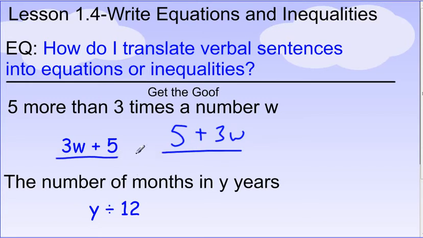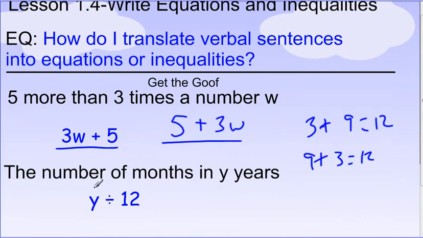One of the properties we're going to learn about is the commutative property of addition, where you can switch addition problems back and forth and you still get the same answer. Like 3 plus 9 is the same thing as 9 plus 3. Well, this is the same deal. 3w plus 5, or 5 plus 3w, gives you the same answer.